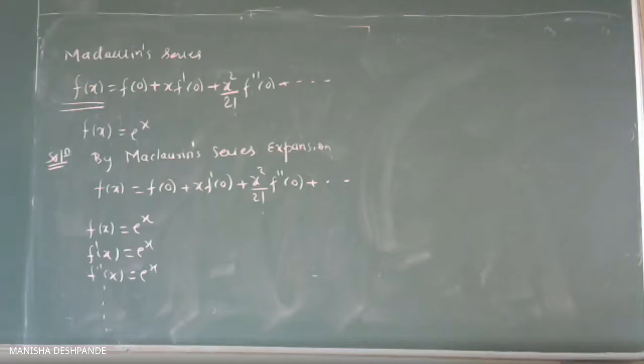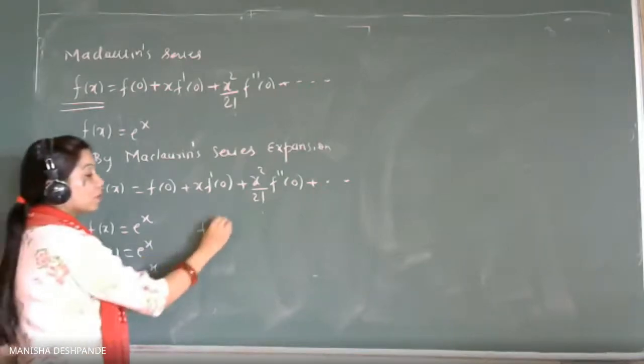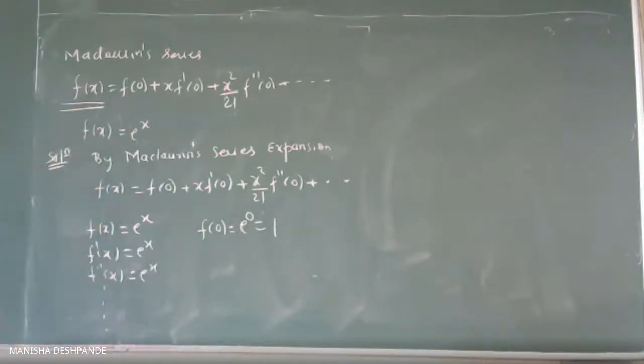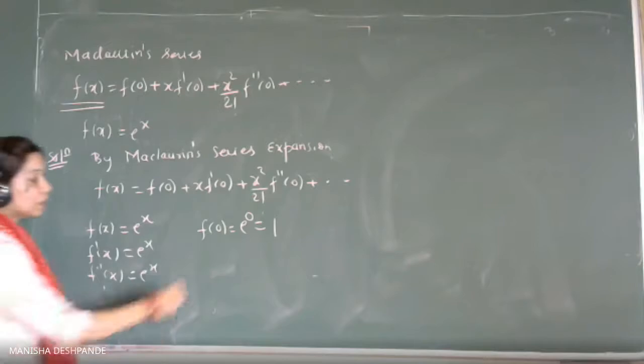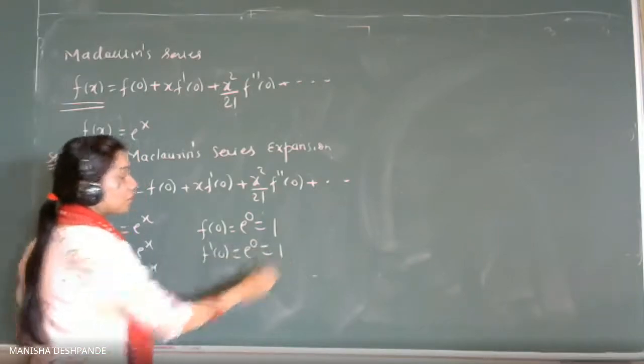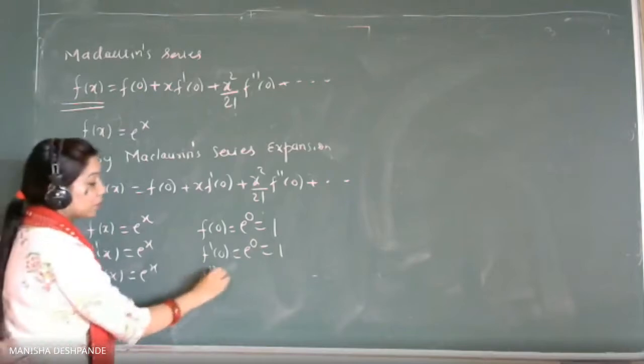So what is f of 0? e raised to 0. What is e raised to 0? 1. Anything raised to 0 is 1. Okay. Then f dash of 0, that is also e raised to 0, is 1. f double dash of 0, that is also 1, and so on.